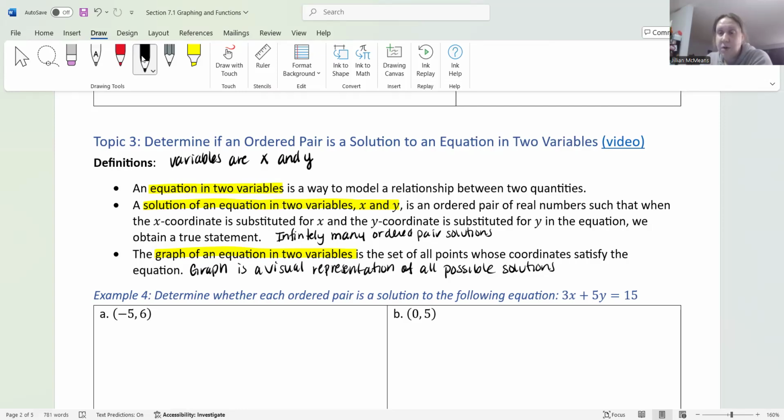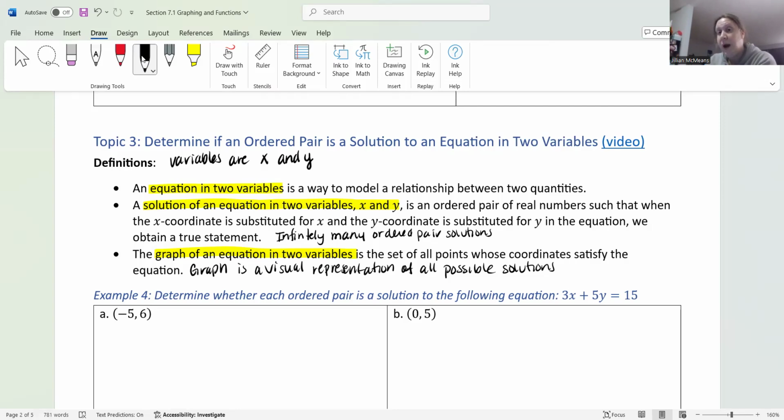In chapter 6, we were looking for the solution to an equation in just one variable. So we could just list, hey, this is the solution. If we had some linear equation, we could say, this is true when x is this one number. When you're dealing with equations in two variables, you're looking at all possible relationships between x and y that satisfy that equation. So we can't list every single solution. We cannot possibly list every single ordered pair that satisfies the equation.